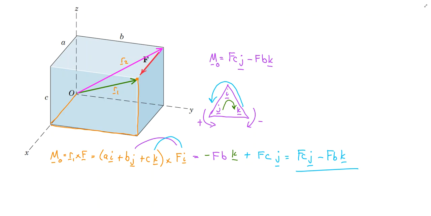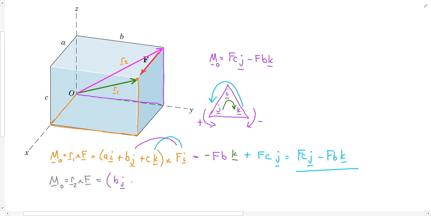Now let's just examine what would happen if we took r2. Moment around O is r2 crossed with F. Alright, and so for this one, r2, we would go a distance b in the j and then c in the k. So it's a little bit different. It's a simpler vector crossing with F in the i.